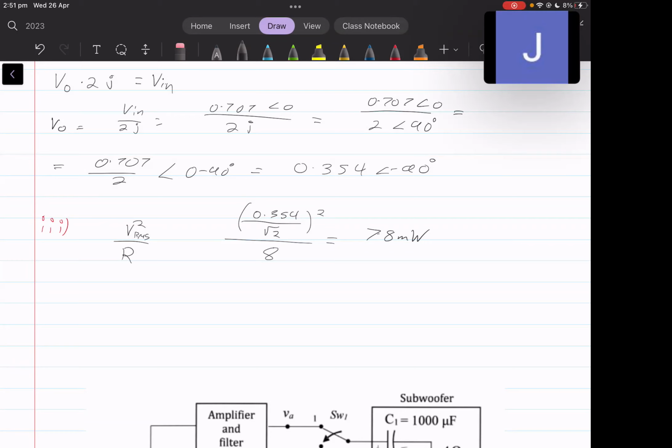How is the pace for everyone so far? Doesn't seem to be a whole lot of questions. We don't have to worry about current going into an op-amp because we can assume that's 0.